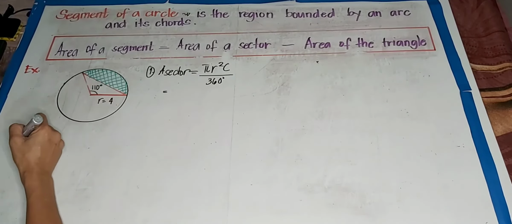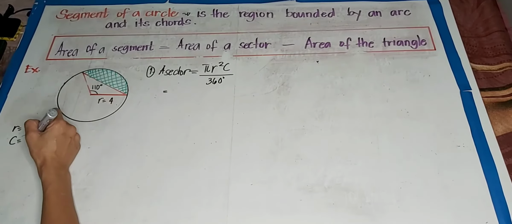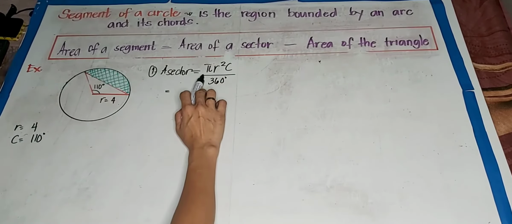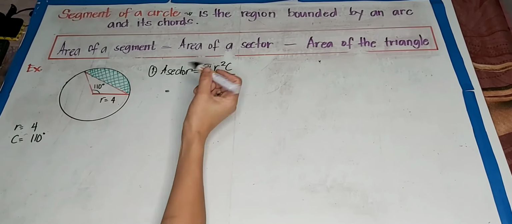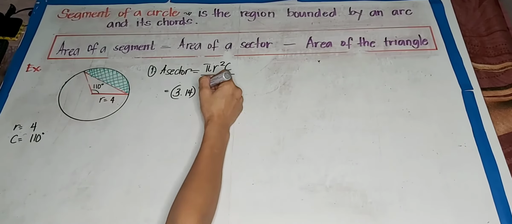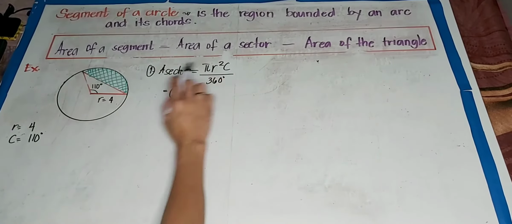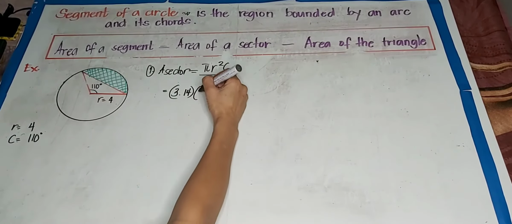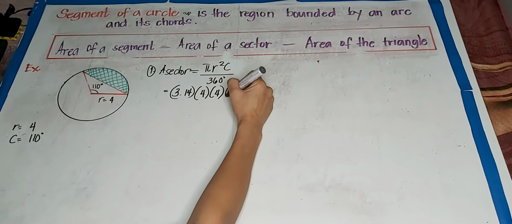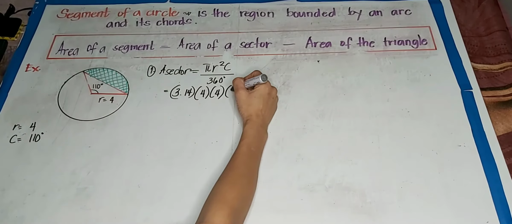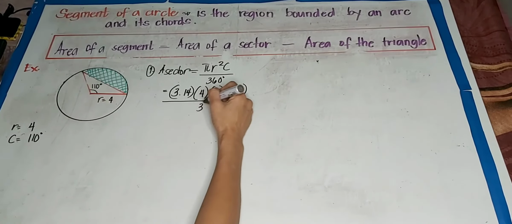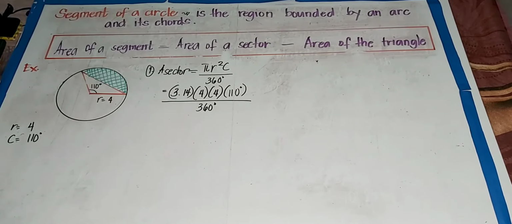Okay, and then our degree measure for the arc is 110 degrees. So again, moving on with the formula, pi, that's 3.14 times radius, which is 4. Square daw siya, so dalawang beses 4 times 4. Our C is 110 degrees divided by 360 degrees.